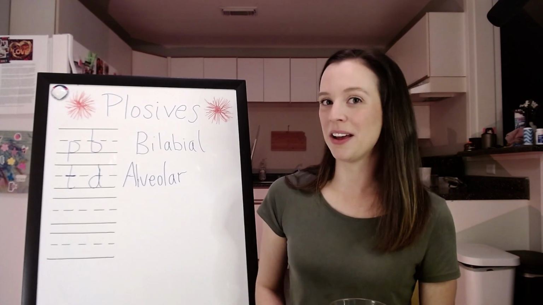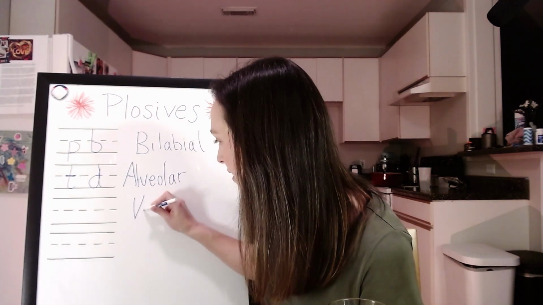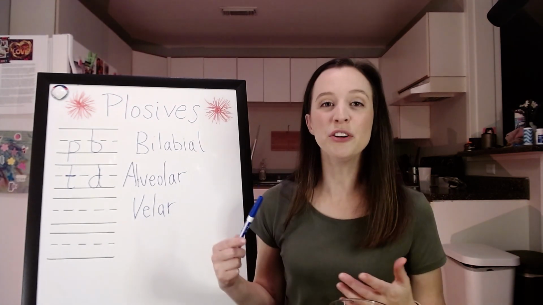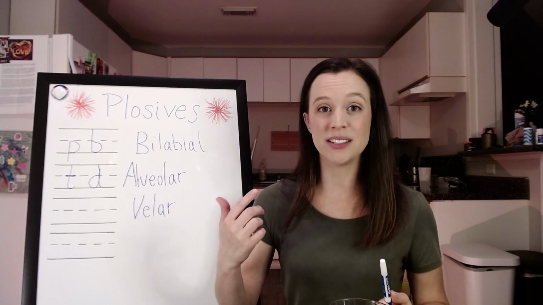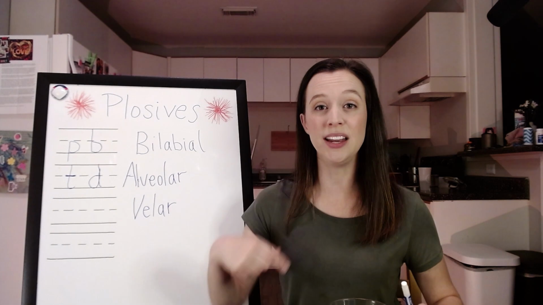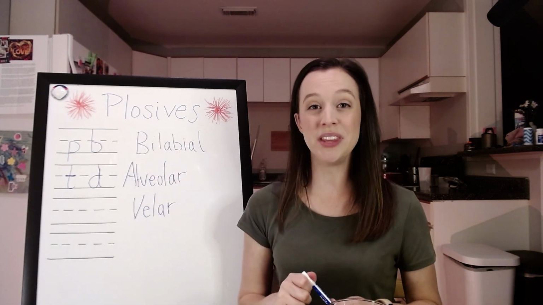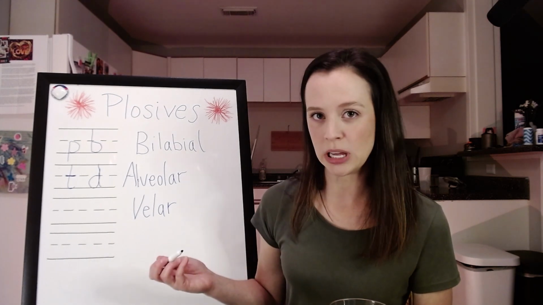And there it is. So our next set of plosive cognate pairs are velar. And velar means they're made on the velum, which is your soft palate. So these next two sounds are made when the back of your tongue meets your soft palate, and then it explodes the air. Plosive. So these sounds are k and g. K and G, basically.